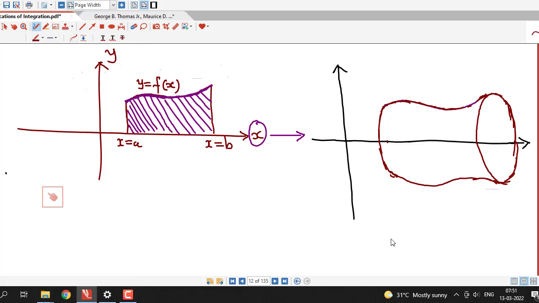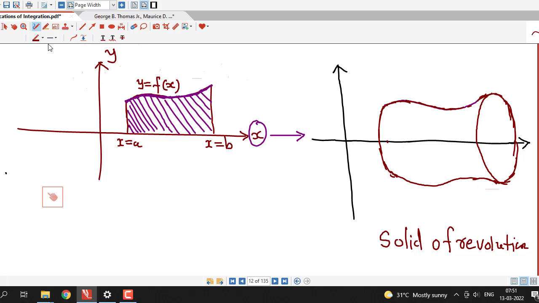So this solid is called solid of revolution, the solid which we have obtained by revolving this plane region about x-axis. We are interested in the volume of this solid, how to obtain the volume of this solid using integration.